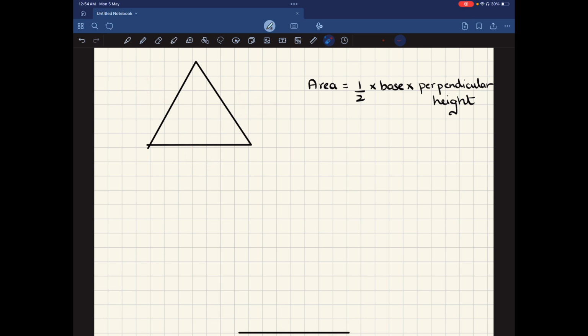Which base we are going to choose will depend on the height that is given to us. Okay? So always remember that we need the height, which must be at 90 degrees to the base. Okay? And the perimeter is going to be the base plus this length plus this length. Okay?